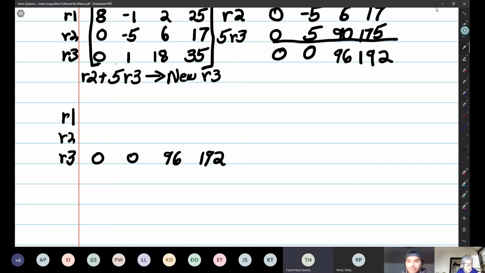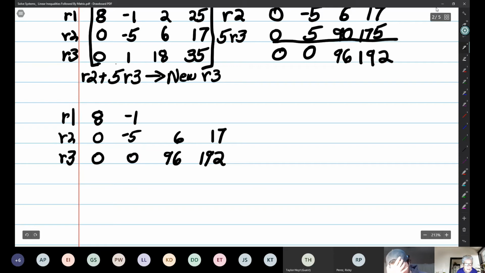And up here, row 2 stays the same, 0, negative 5, 6, 17, and 8, negative 1, 2, and 25.